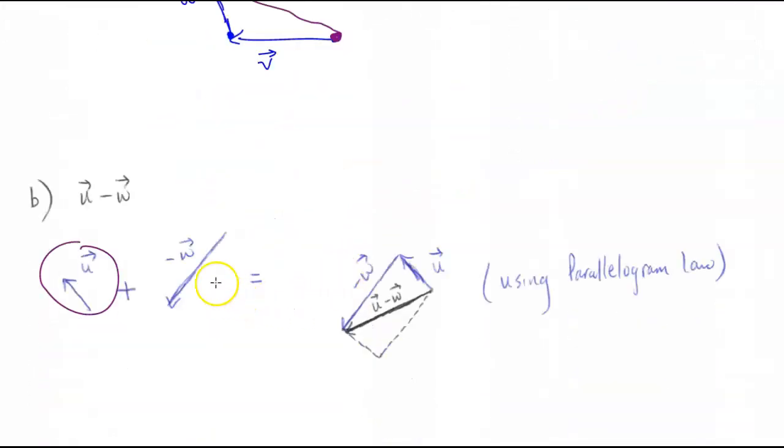And so we make it look like this here, and then we attach the tail end of vector minus w to the terminal end of vector u. And so that's what you see here. That point is there. And then, of course, we just draw the resultant for that in the space here. And we see that that vector u minus w looks like what I'm showing you. Okay.